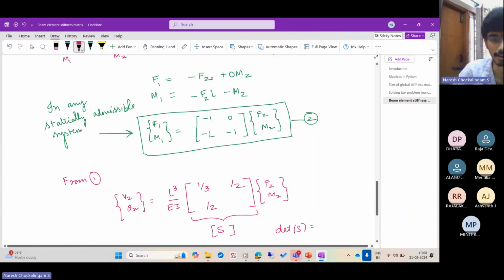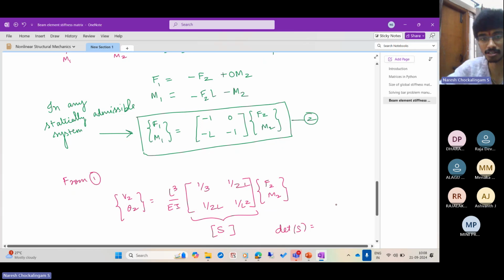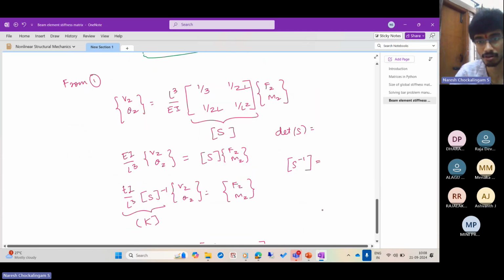So it is 1 by 2L, 1 by 2L, 1 by L square. Now tell me what the determinant is. Determinant is 1 by 3L square, just the L square from the numerator goes to the denominator, minus 1 by 4L square. So this is 1 by 12L square. Perfect. Sorry. This is the determinant, right? This is 1 by 12L square. It's not this.